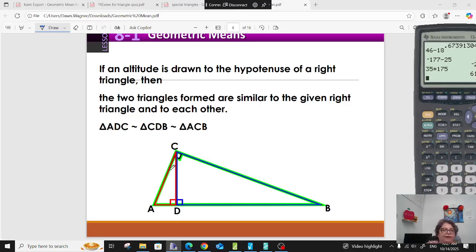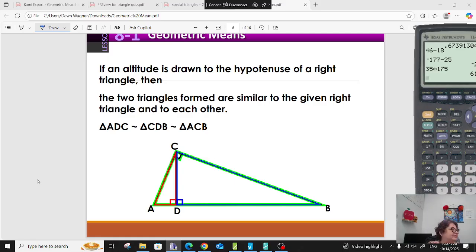Yeah, we have a big triangle. I think of this as Goldilocks and the 3 bears. We have Papa Bear, Mama Bear is the medium one, and the small one is Baby Bear, right? We have 3 triangles.